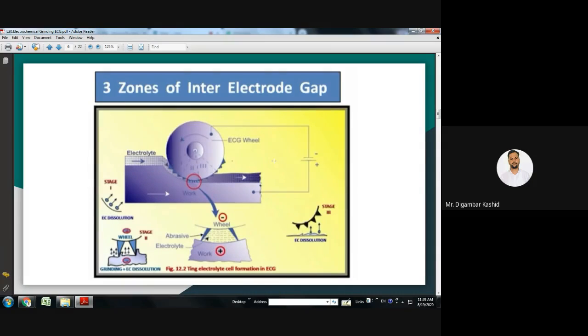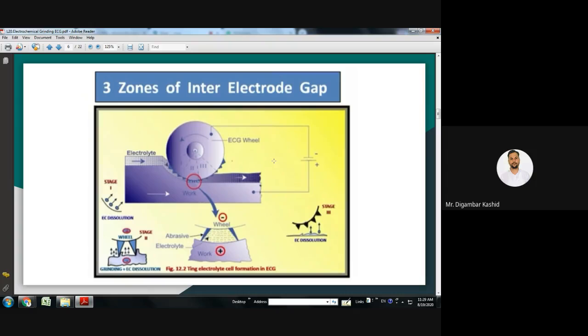As a result of that, abrasive particles will touch the workpiece and start removing the material by abrasive action. Thus a small part of the material is removed in the form of chips.